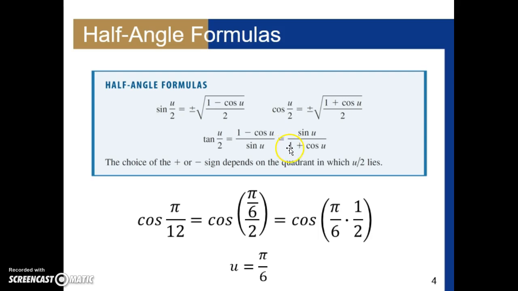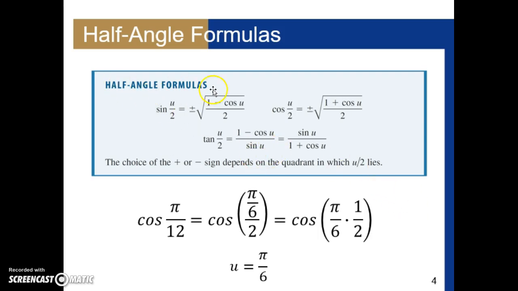Equivalently, with another trig substitution, we could get this form for the tangent of u over 2. I'm not going to take the time to actually generate why these formulas, especially for tangent, look like they do. I don't think it's going to really add to your understanding. Let's just write these formulas down and know them for being able to do homework.